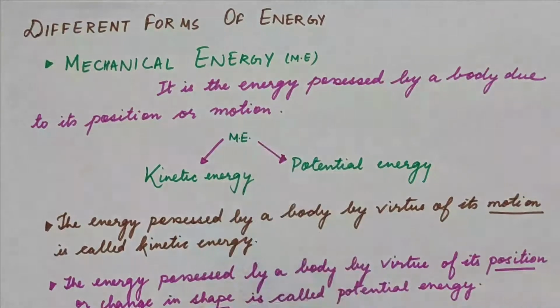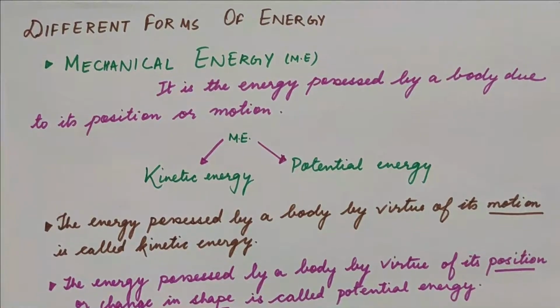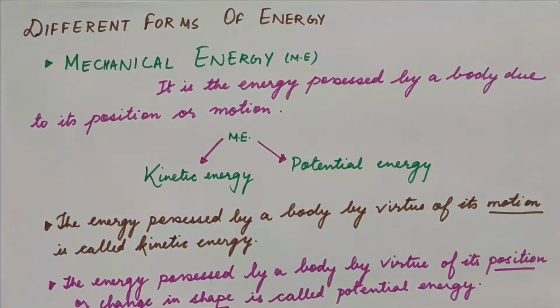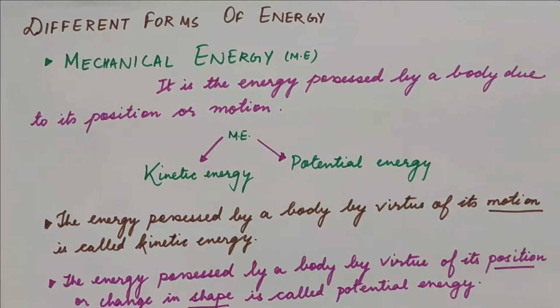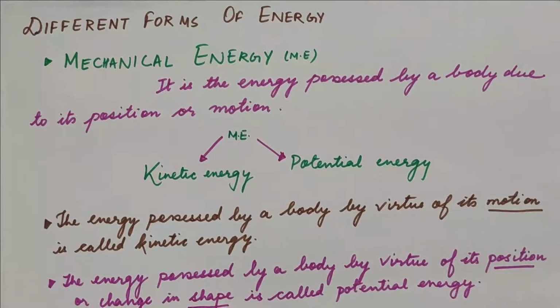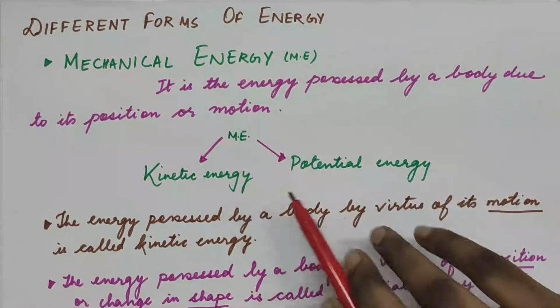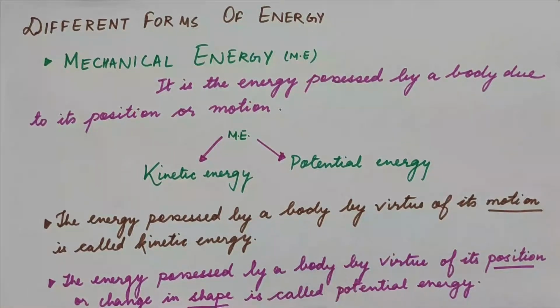That is the energy possessed by a body due to its position or its motion. Maybe a body is still or kept at a certain height, it does possess some energy. And even if it is in motion, it has some energy. So we can divide that energy into two types, that is kinetic energy and potential energy.